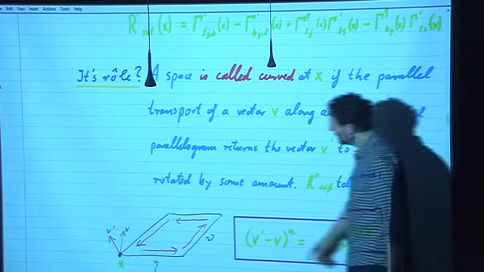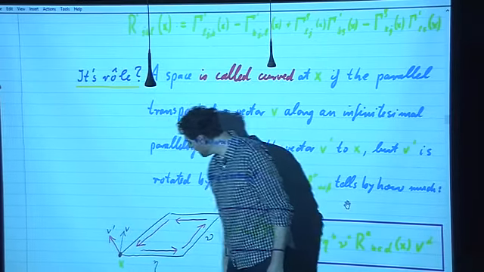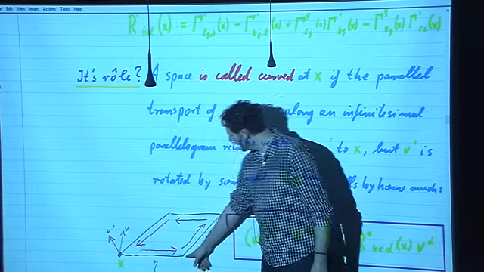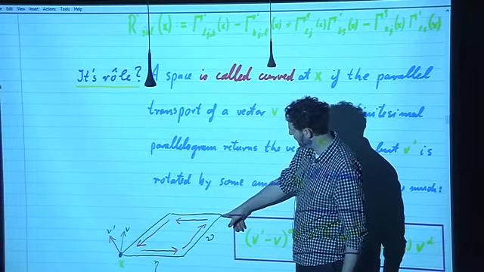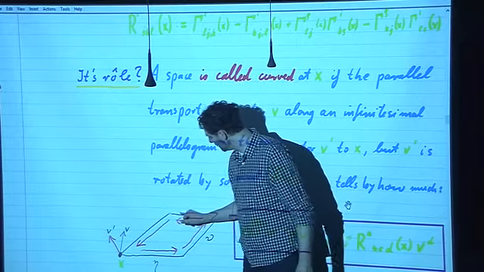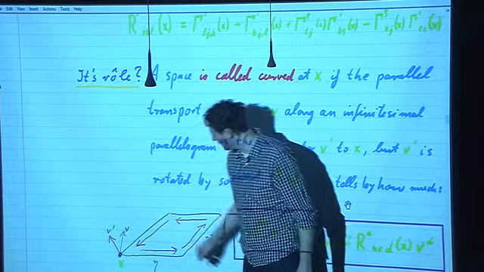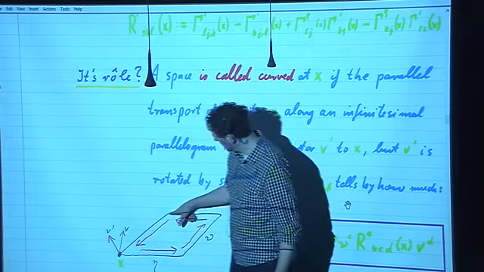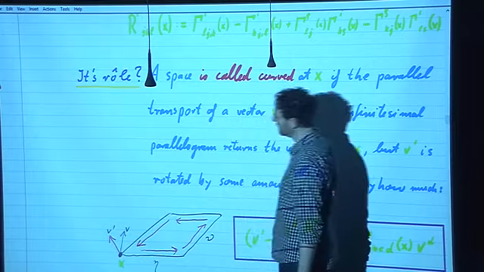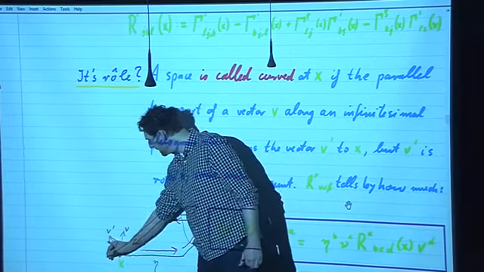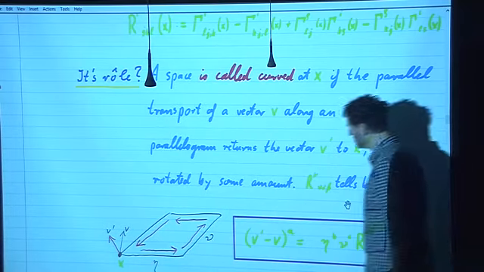So imagine this is a point on the manifold, and then we do a parallel transport in the direction of some vector eta, then in the direction of some vector nu, and then backwards. Then as we parallel transport the vector this way, that way, that way, and this way, the vector arrives back, but it may point in a slightly different direction.